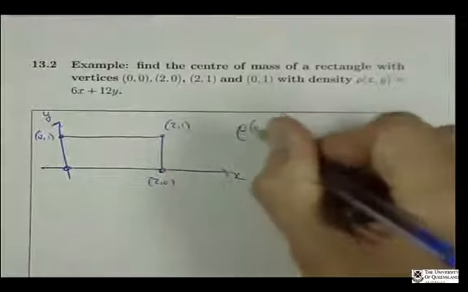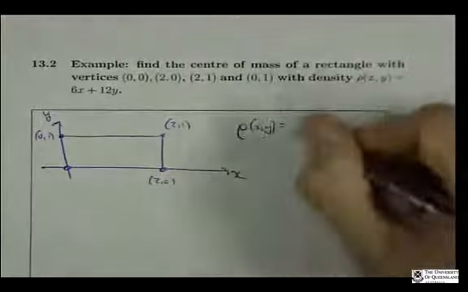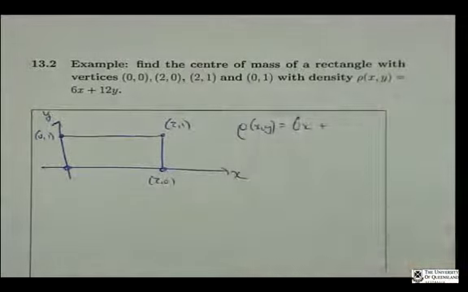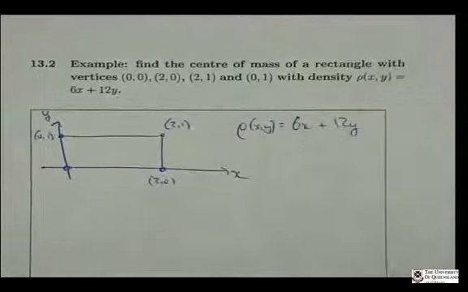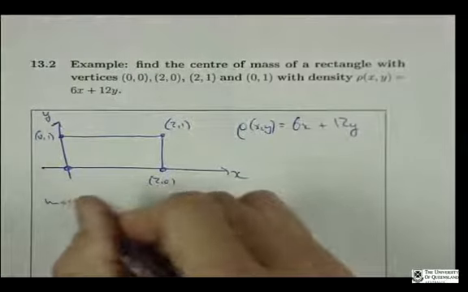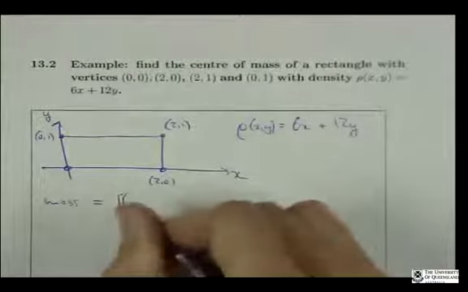But now our density function is not constant, but a linear function of x and y. If this was constant density, we would expect the centre of mass to be right in the middle, but that's not the case here.